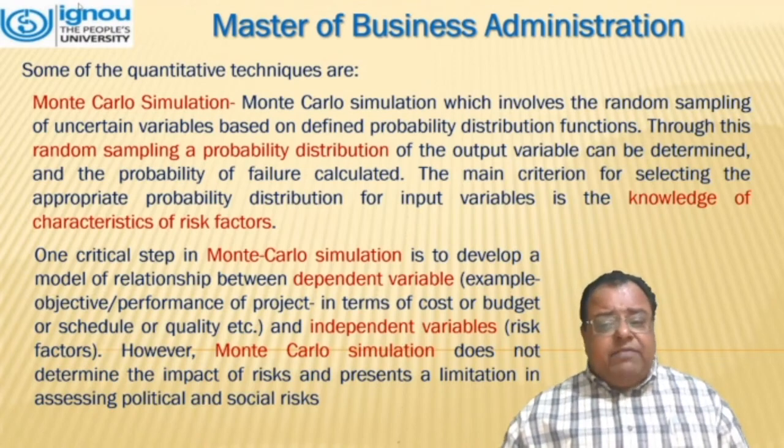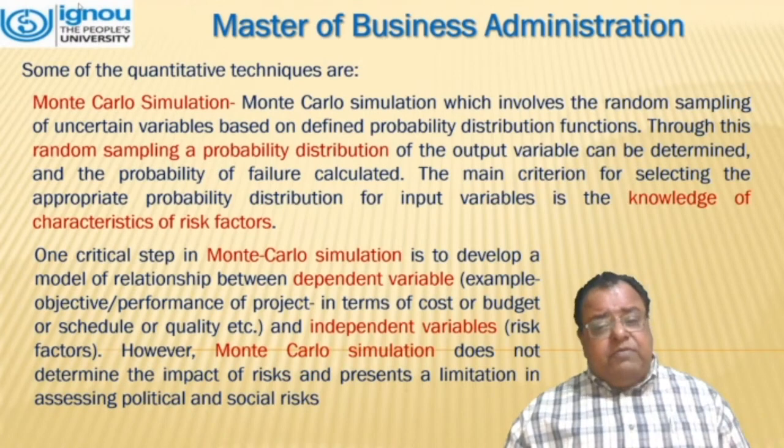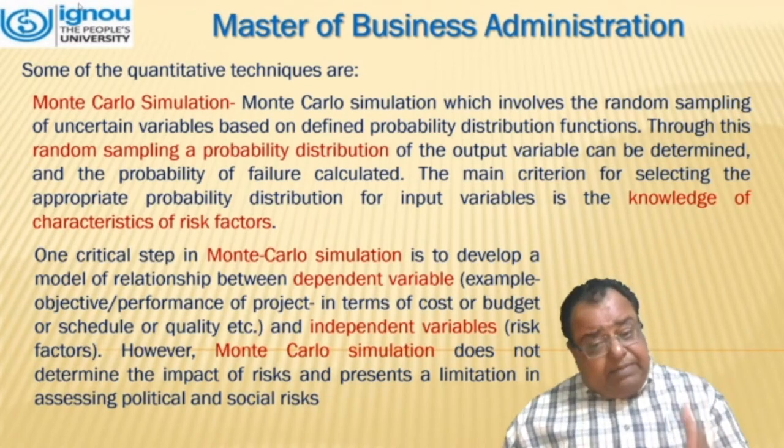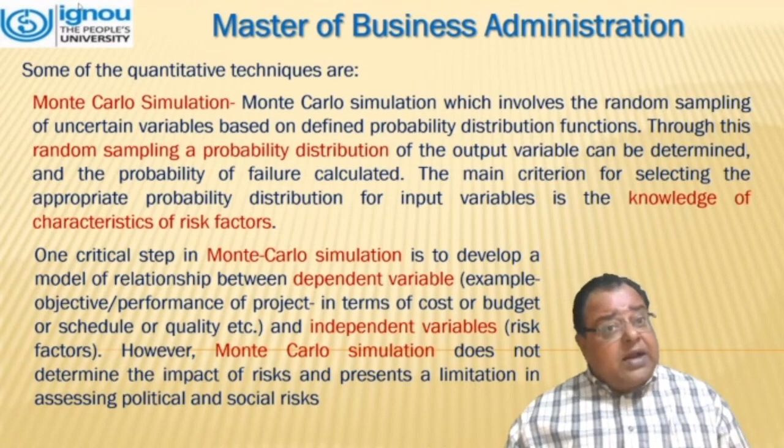The main criterion for selecting the appropriate probability distribution for input variables is knowledge of the characteristics of the risk factor. One critical step in Monte Carlo simulation is to develop a model of the relationship between dependent variables, which include the objective performance of the project in terms of cost, budget, schedule, or quality, and the independent variables, which are known as risk factors.